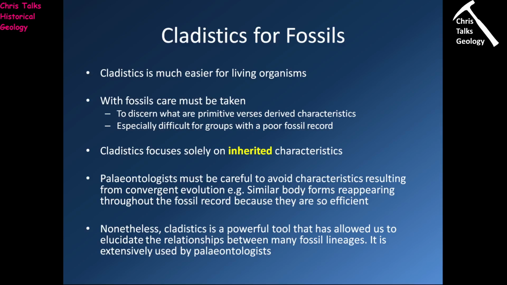So cladistics obviously focuses solely on the inherited characteristics that are being passed on from the parent to the offspring, and as we've discussed, it mostly focuses on the derived characteristics. So paleontologists must be careful to avoid characteristics resulting from convergent evolution. That's a similar body form reappearing throughout the fossil record because that particular body form is so efficient for a certain environment.